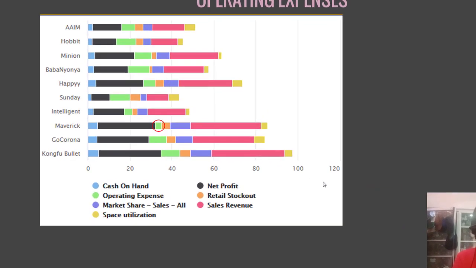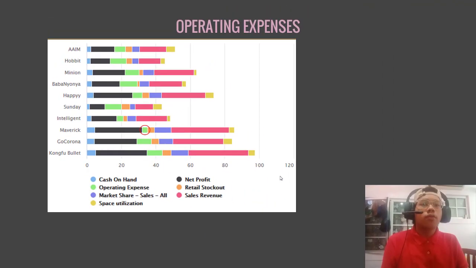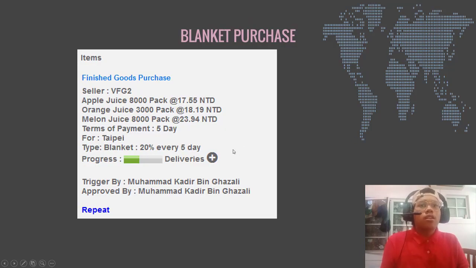From this picture, it shows that we made improvements from the beginning we played until the last time we played, which is 15 July. It is because we used the blanket purchase, which reduces our cost to buy the product and also helps us stock up the inventory when we need.